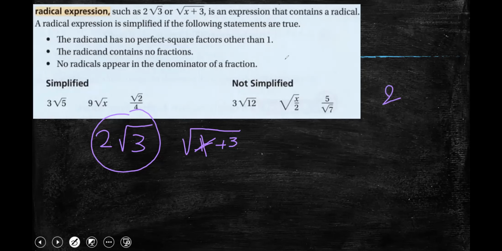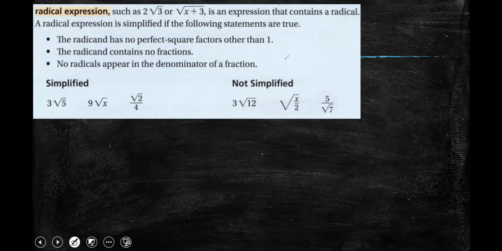If we have an expression with a root sign, we name it a radical expression. Now, a radical expression is simplified if the following statements are true. First, the radicand has no perfect square factor.